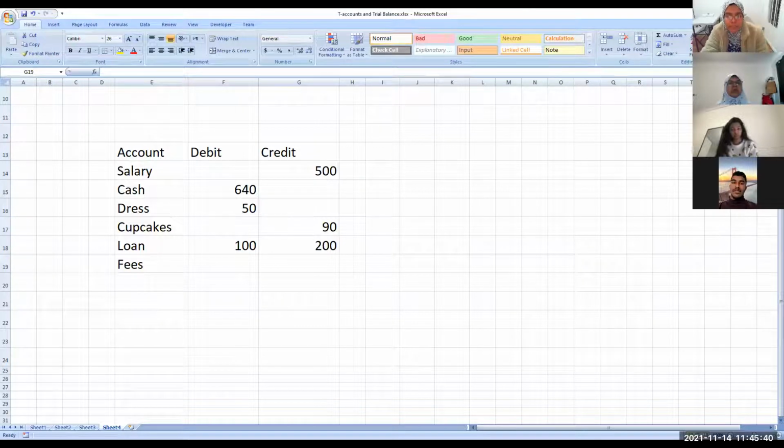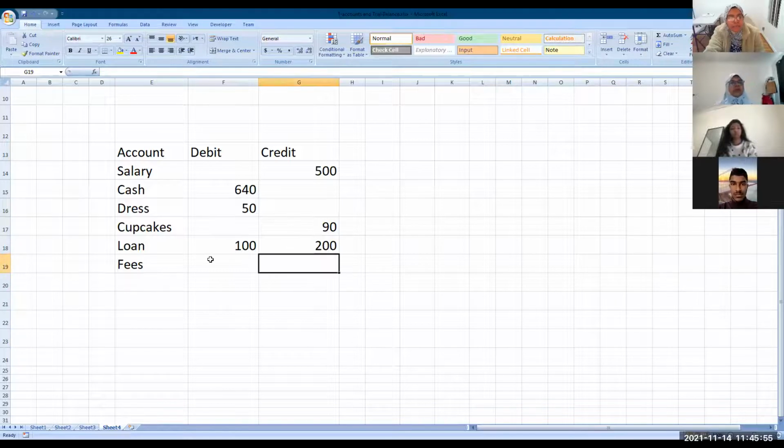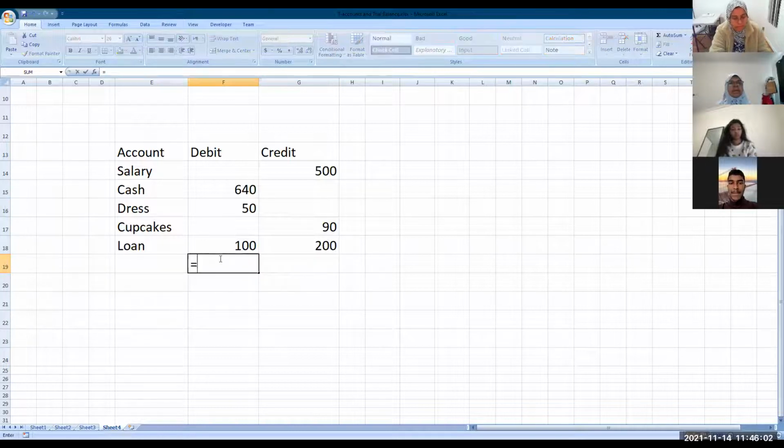Okay, up to this point, we will stop here because our session time is running out. So I'll record only up to number 5 of the transactions, and I'll show you how this has balanced. We will do equals sum of this one, and sum of this one.